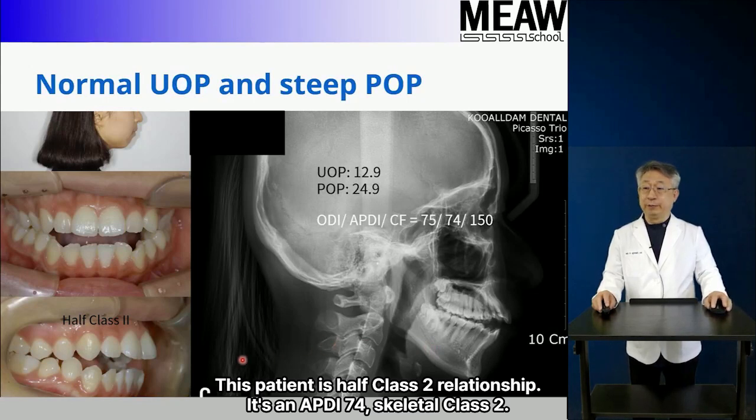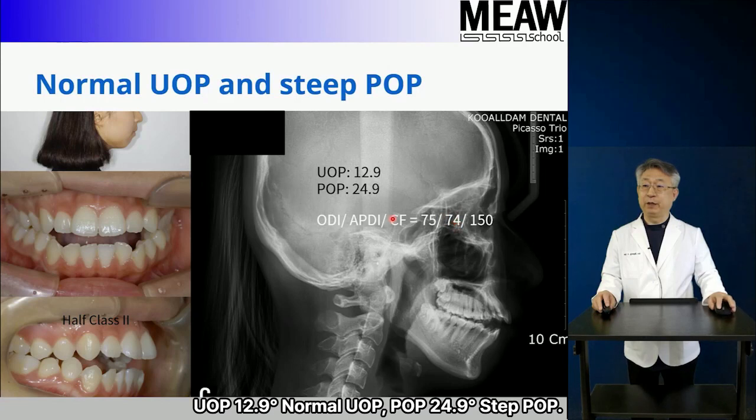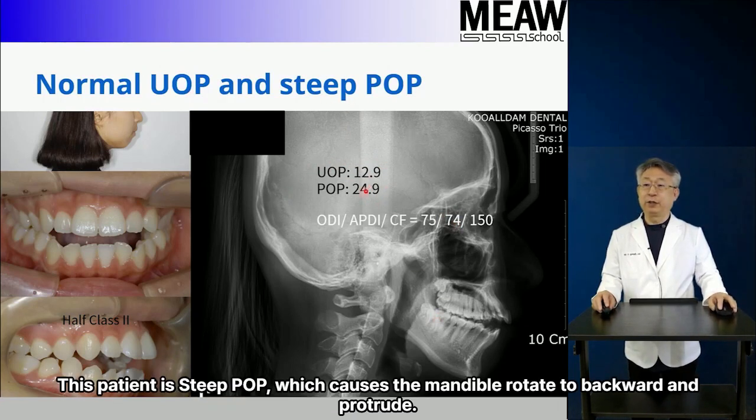This patient is half Class 2 relationship. It's an APDI 74, skeletal Class 2. UOP 12.9 normal UOP, POP 24.9 steep POP. This patient is steep POP, which causes the mandible to rotate backward and protrude.